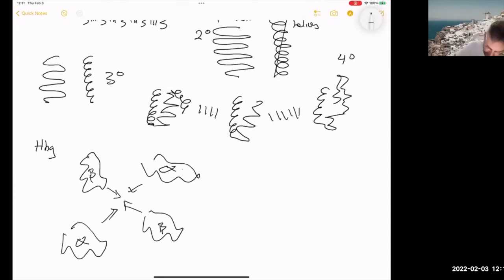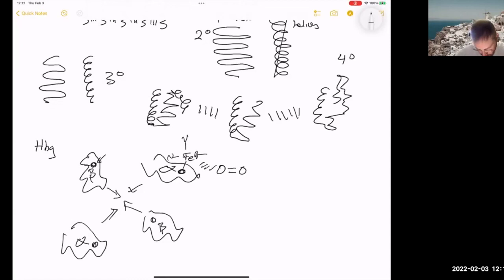And then each alpha and each beta has a little core where you have an iron that is held in place by nitrogens. That's called the porphyrin ring, and that's actually where the oxygen molecule interacts, right?